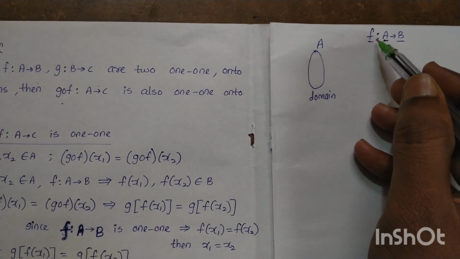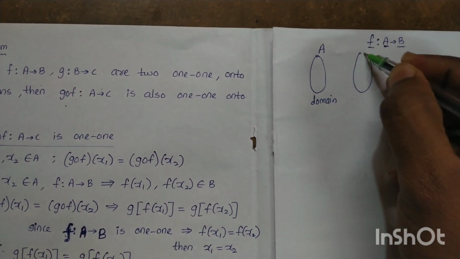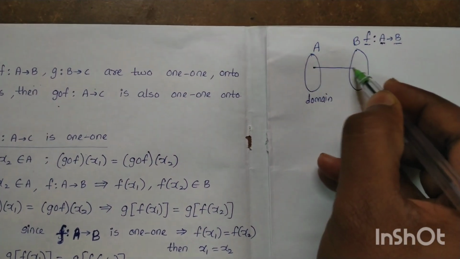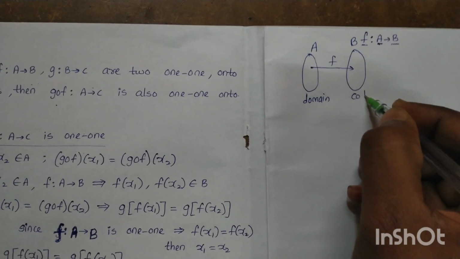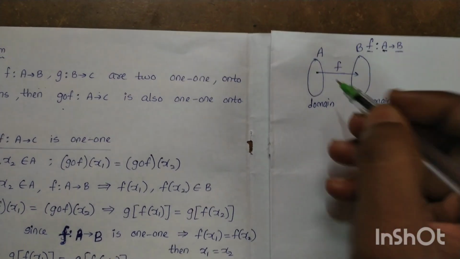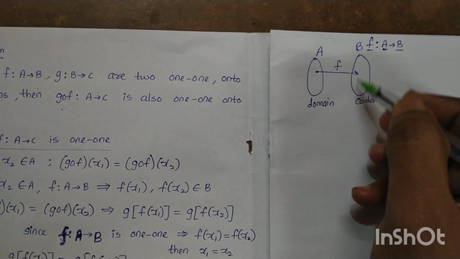It is a function mapping from domain to codomain. So I will draw one codomain, that is B. There is one function which is mapping from domain to codomain.